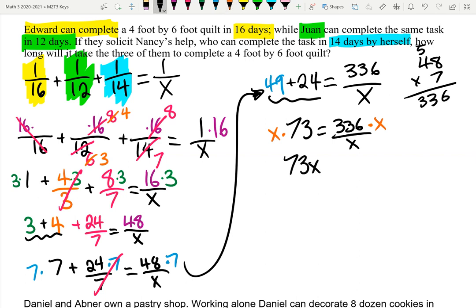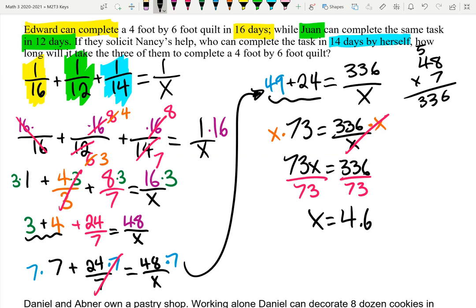And I get 73x, which is going to be equal to 336. Using inverse operations, I can divide by 73. And I'm going to end up getting 336 divided by 73, which is 4.6.